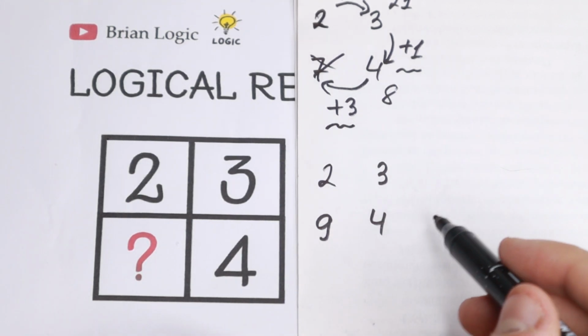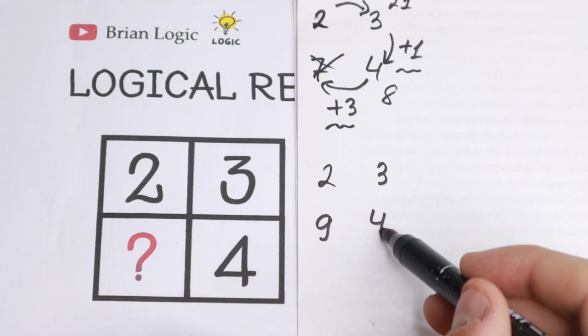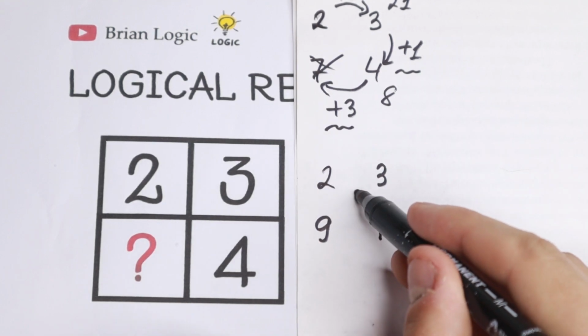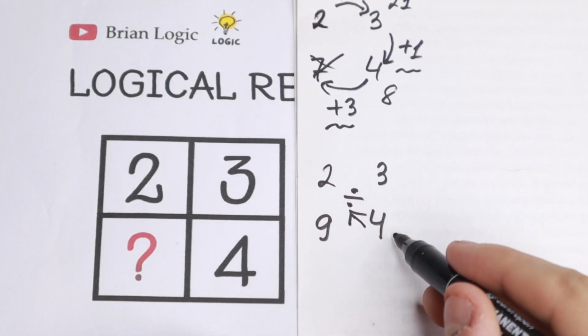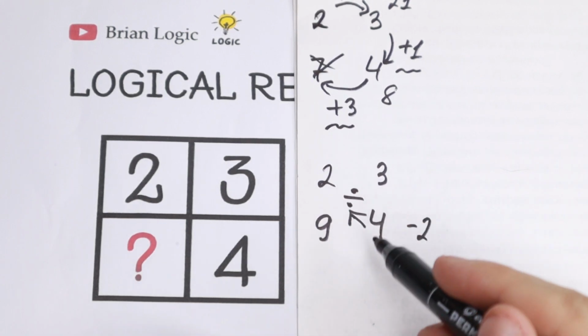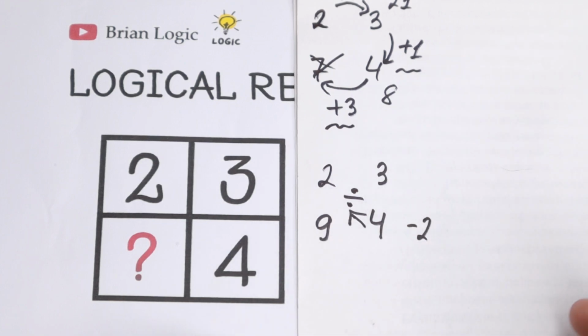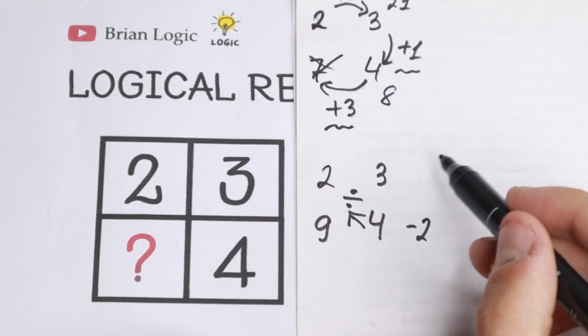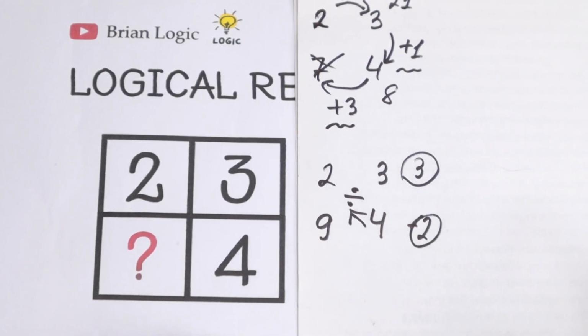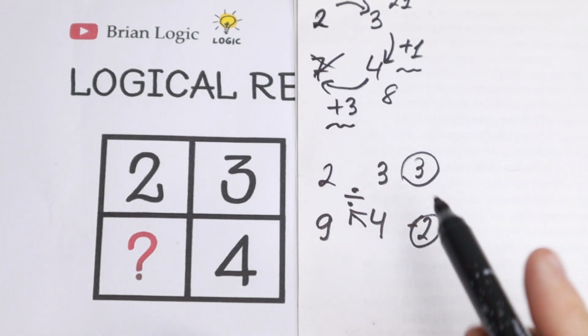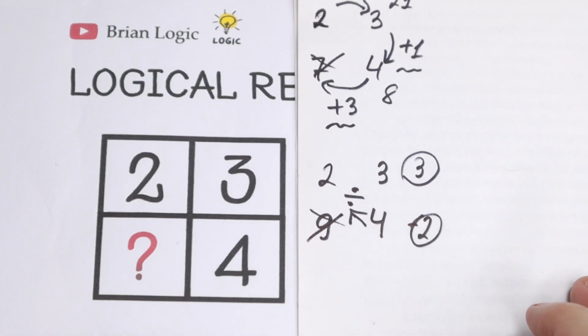If we divide 4 by 2, we have 2, and if we divide 9 by 3, we have 3. So as you can see, there is no pattern between these numbers. Of course, it looks like natural order, but that's not it. So I reject this 9.